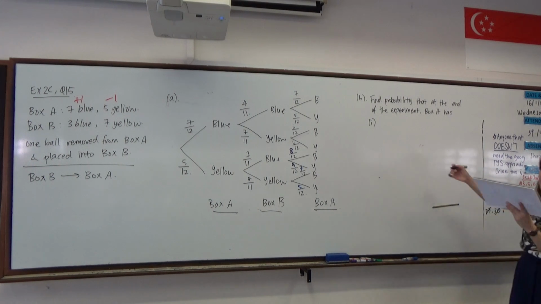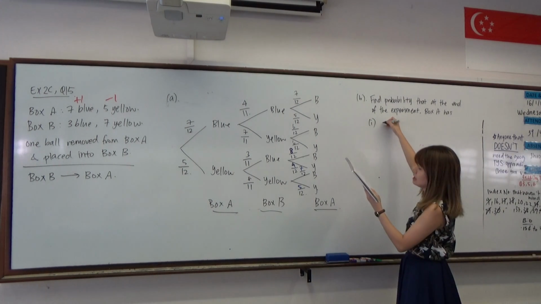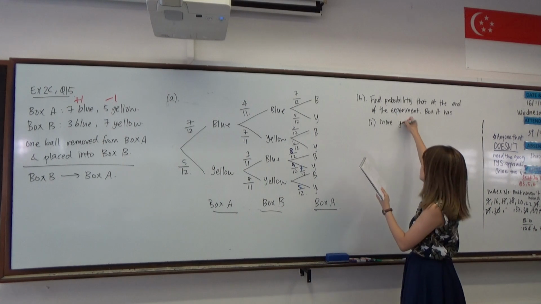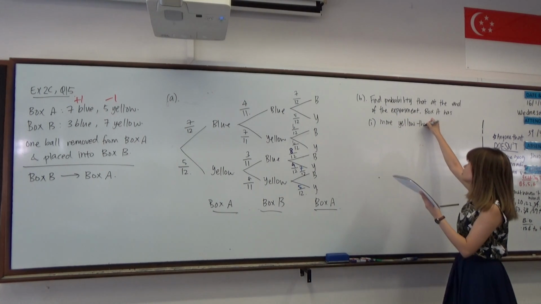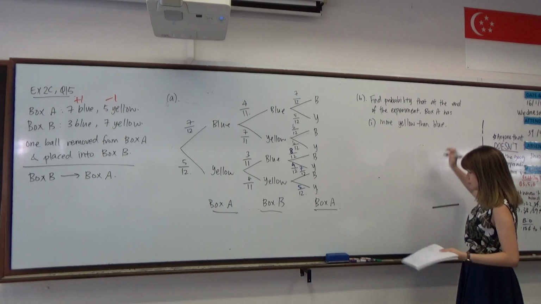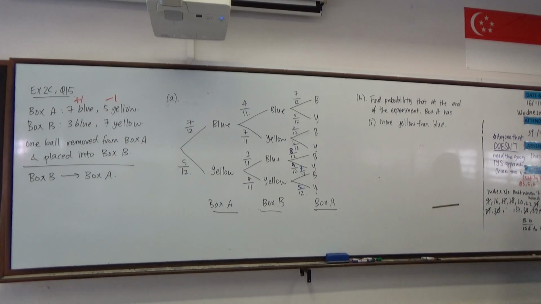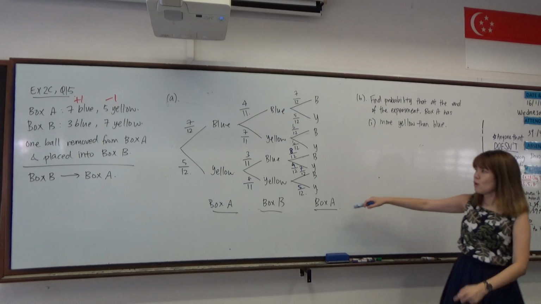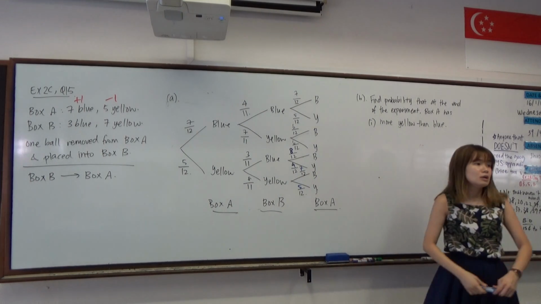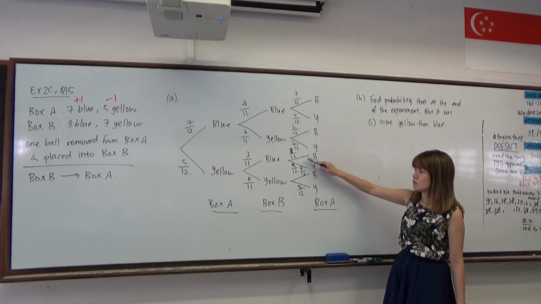Okay, so now we look at finding the probability that there are more yellow than blue. Is there a situation that could happen in box A whereby there's more yellow than blue? Okay, so we look at all the probabilities over here.